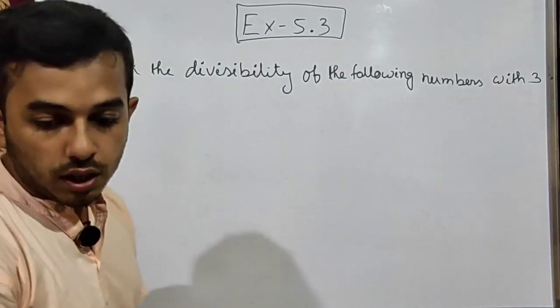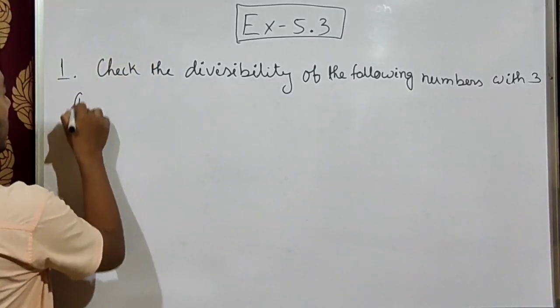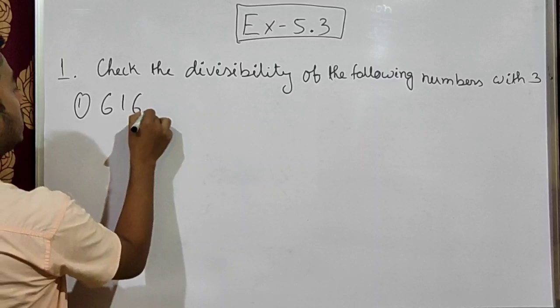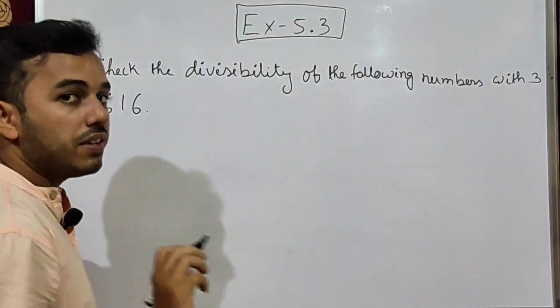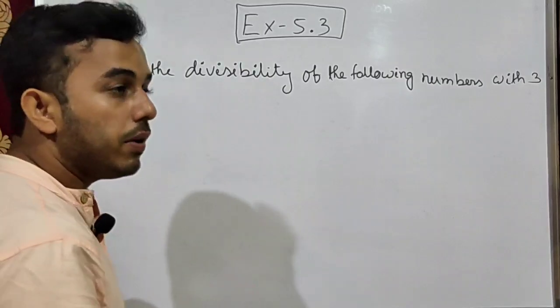Our first one is 616. How will we check? Test for 3: if the sum of the digits is divisible by 3, then the number is divisible by 3.